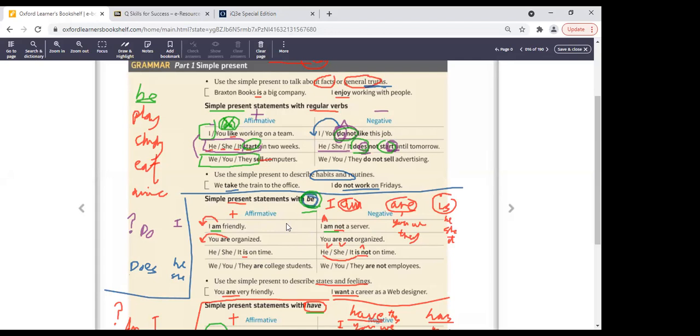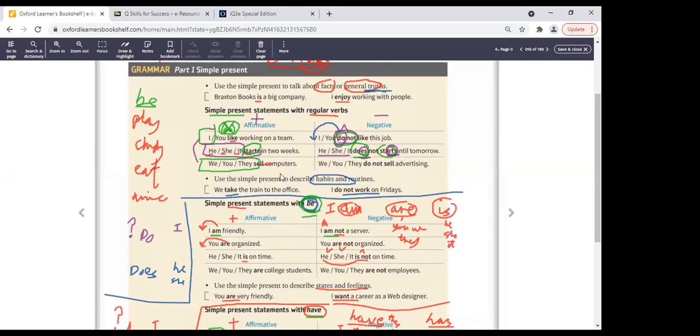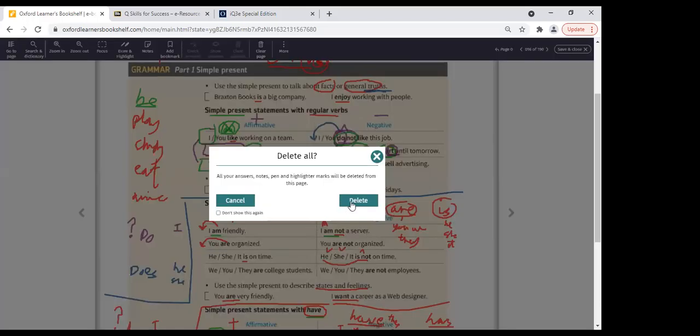And in the simple present, when it's she or he or it, we put an s, like he starts in 2 weeks.